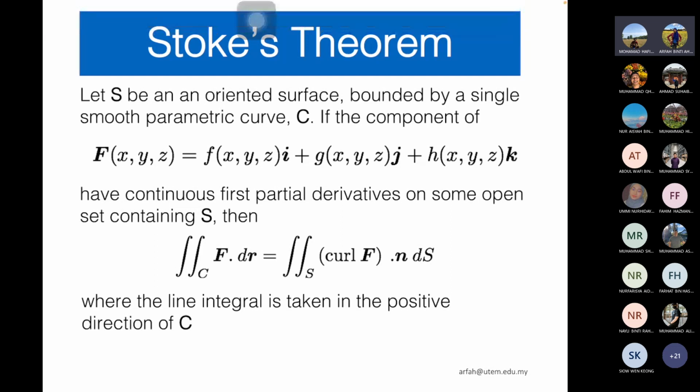And all of these components will have continuous first partial derivative on some open set containing S. Then the line integration over the curve C for F dr will be equal to integration over the surface S. Okay, so daripada curve C, dia akan jadi integration over the surface curl of F having the dot product with the unit normal vector.